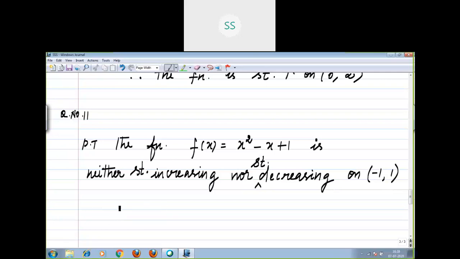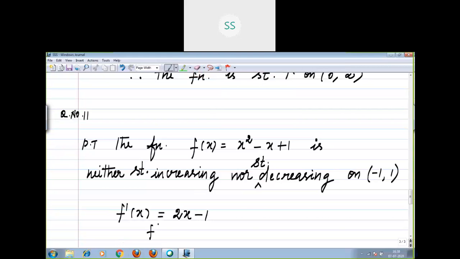Now, the first step: f dash of x equal to 2x minus 1. Here you are applying the derivative of x power n. Here the interval is given to you, right? You should find out how the interval divides into two parts.